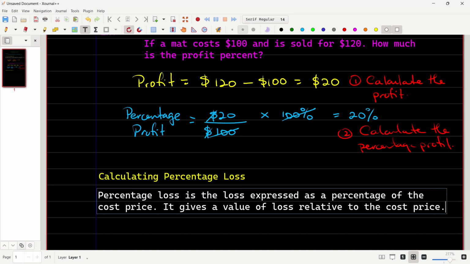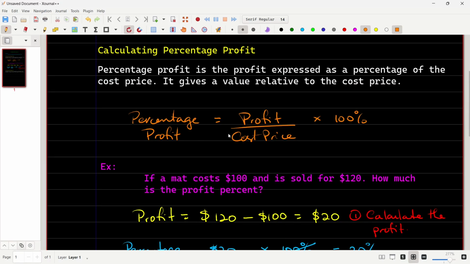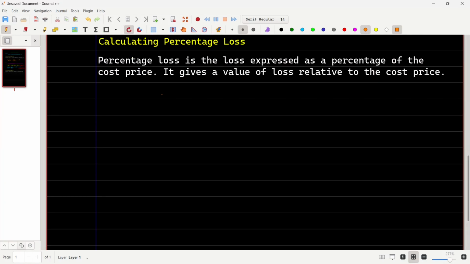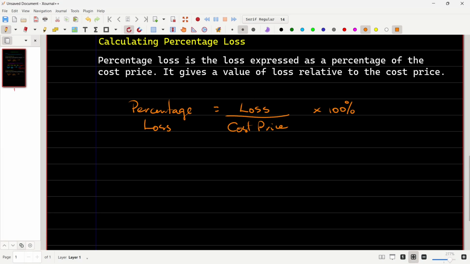All right, so again, we're going to go with a formula, and the formula is the exact same thing here, except what we're using now is loss. So the percentage loss will be equal to the loss divided by your cost price times 100%.